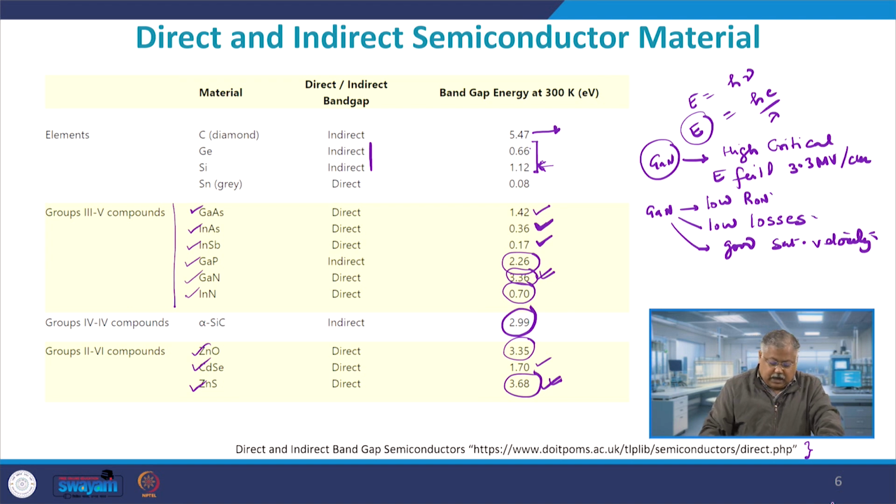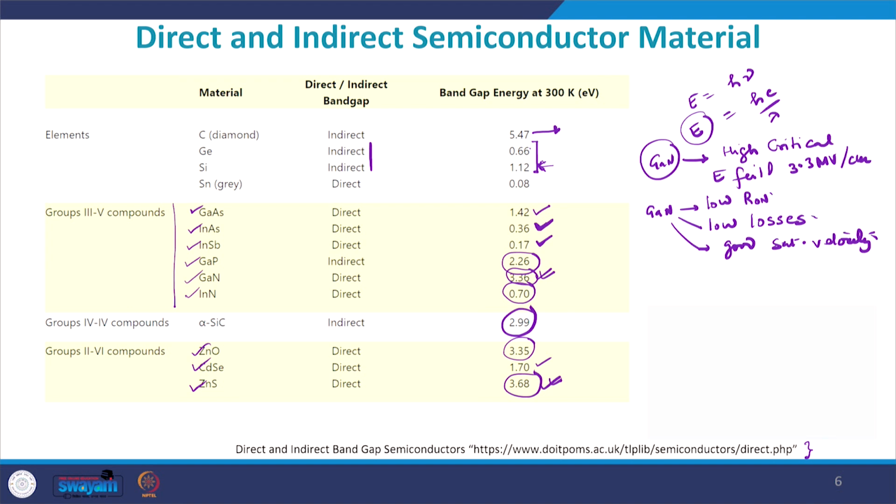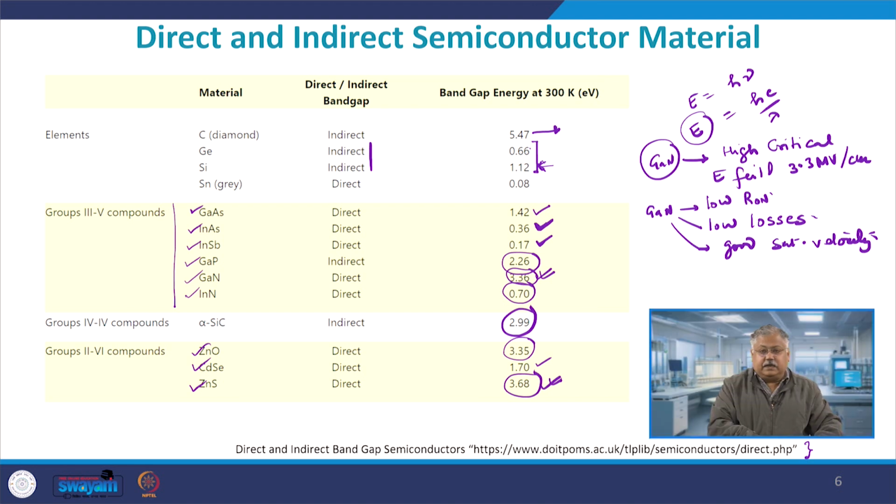The rate at which electron saturation takes place is approximately 2.5 times that of silicon. So, it is relatively fast, and therefore switching speeds are not compromised in the case of gallium nitride, and you get minimal thermal loss.